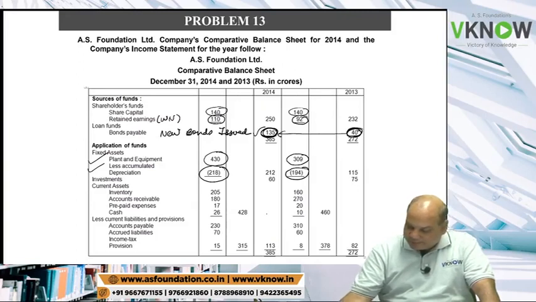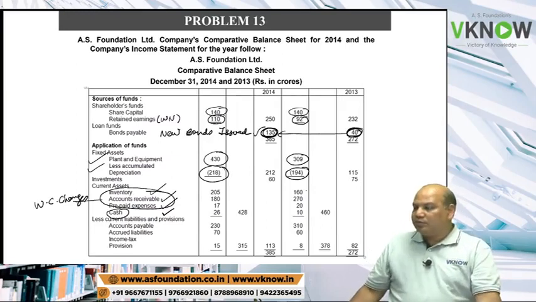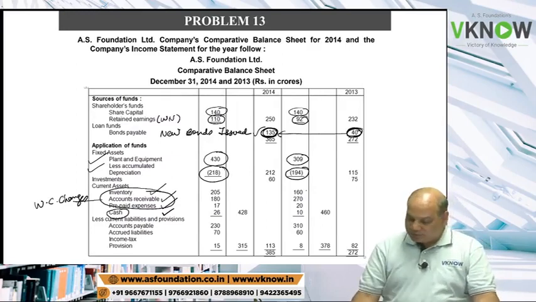Current assets: inventory, debtors, prepaid expense, cash. The first three items will go to working capital changes. Cash will go to cash and cash equivalents at the beginning and at the end.